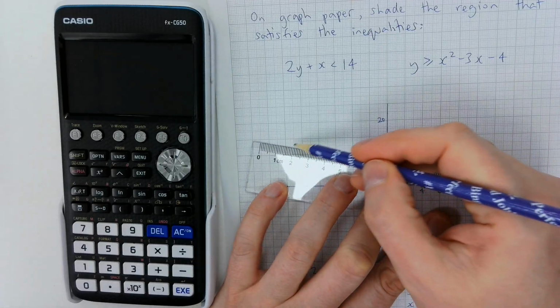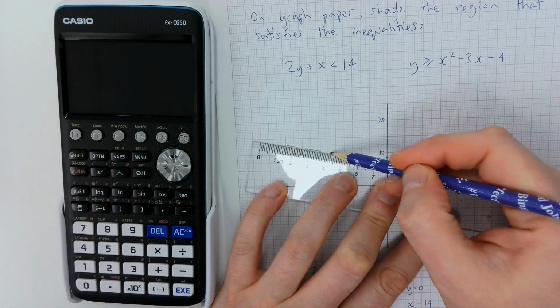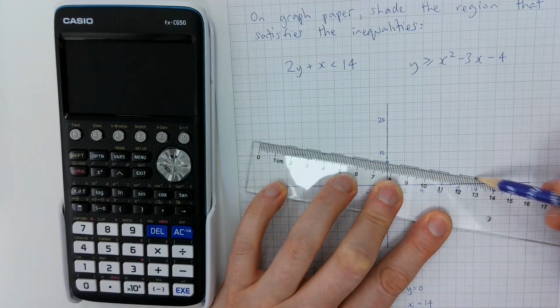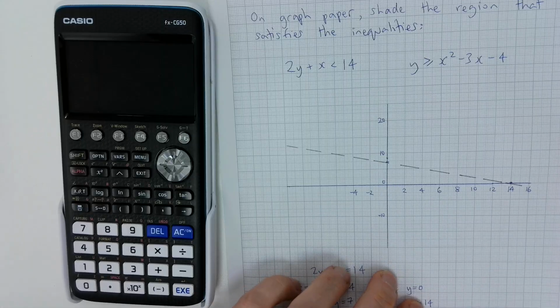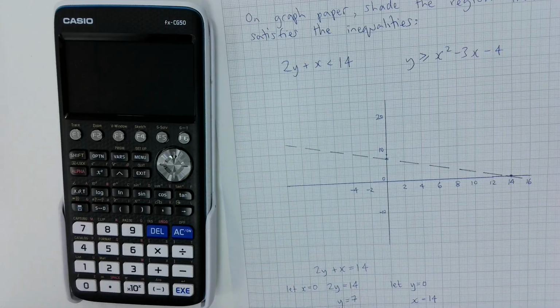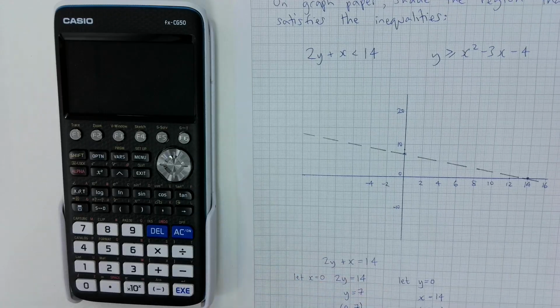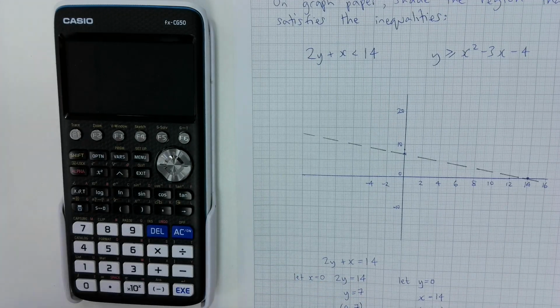Nothing has changed from your IGCSEs. So let's do that. And isn't that done beautifully? Okay, so there we go. So we've got our first inequality line drawn.